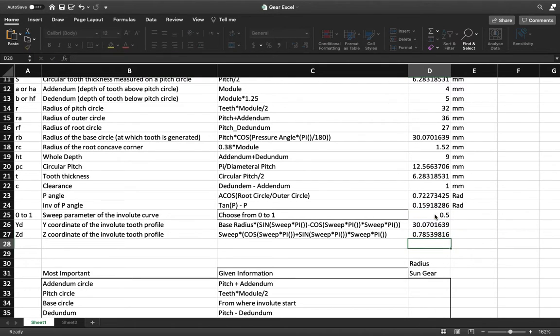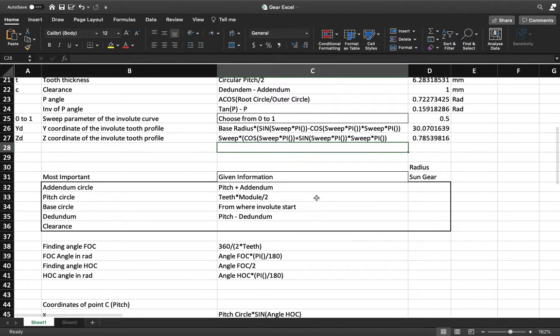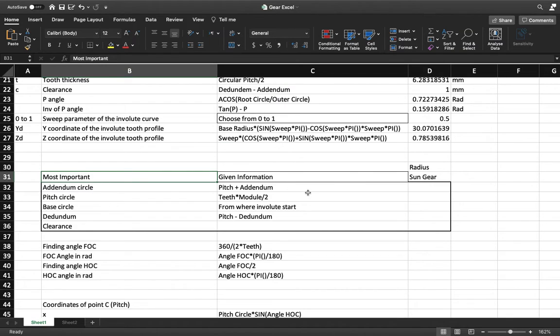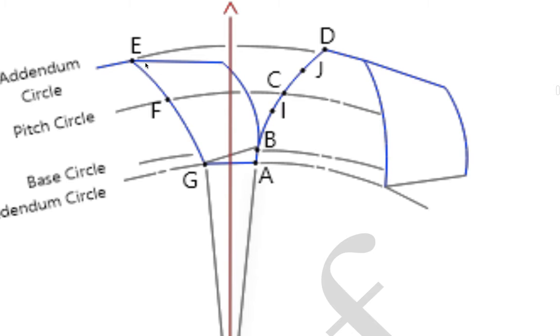This template is very important, just follow the equations here. This is the most important information because our aim is to create this profile, this shape here, like a closed profile, then extrude it in SolidWorks to make the gear.